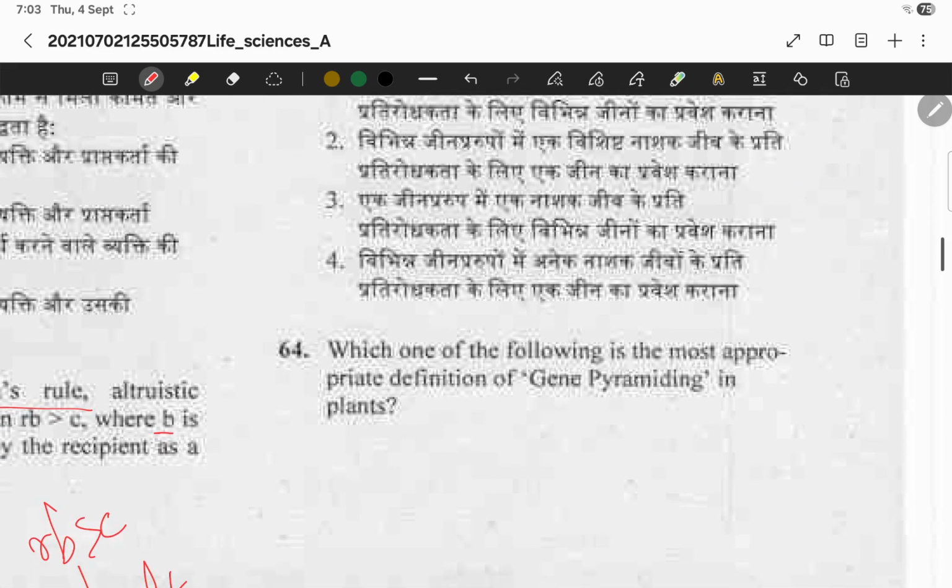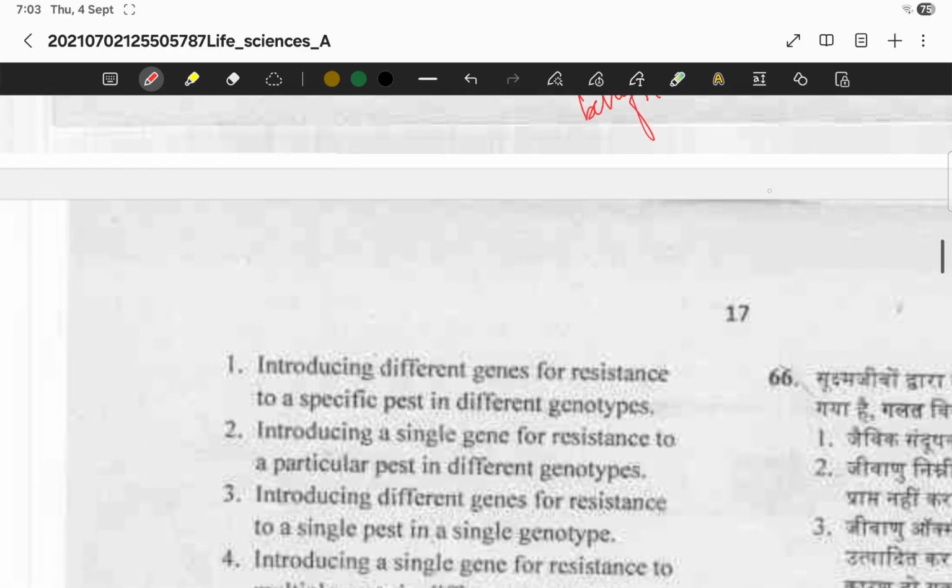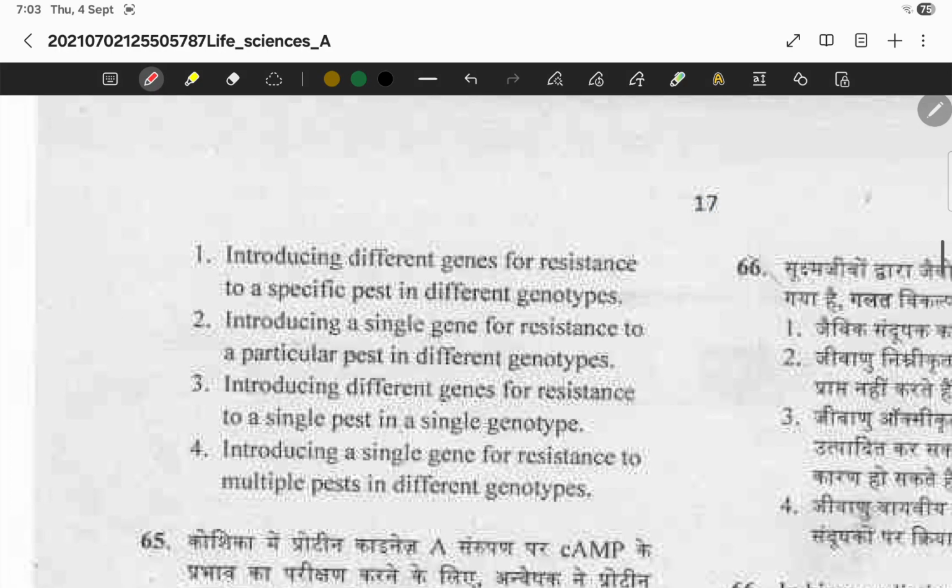Which of the following is the most appropriate definition of gene pyramiding in plants? What is gene pyramiding? Introducing different genes of resistance to a specific pest in different genotypes. Introducing a single gene for resistance to a particular pest in different genotypes. I don't know basically. I don't like this.